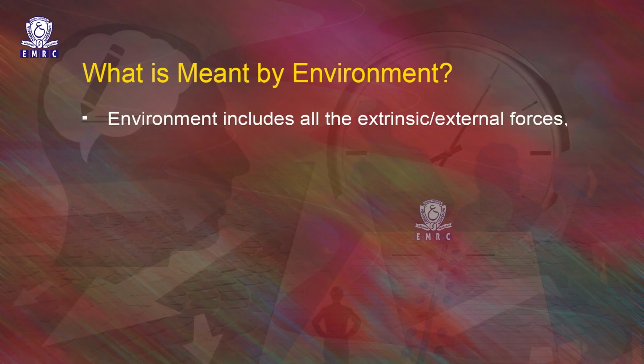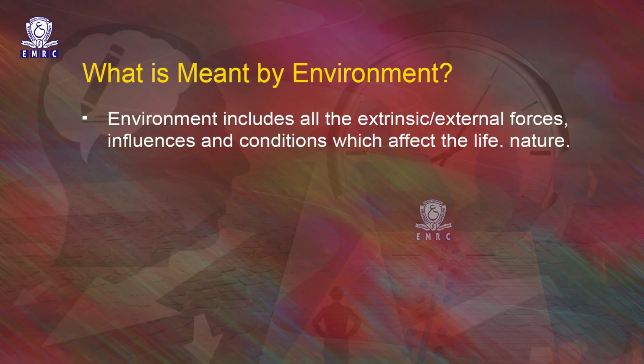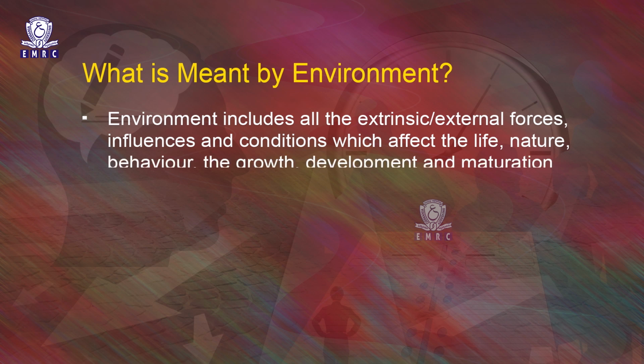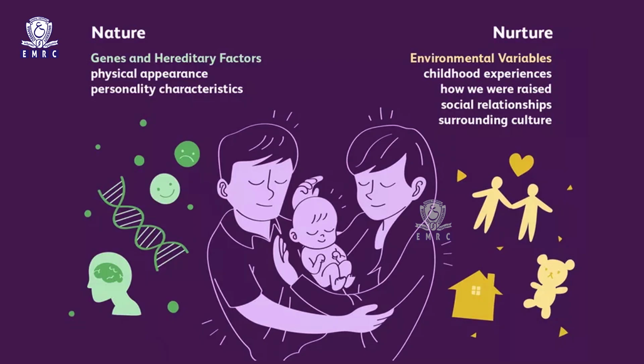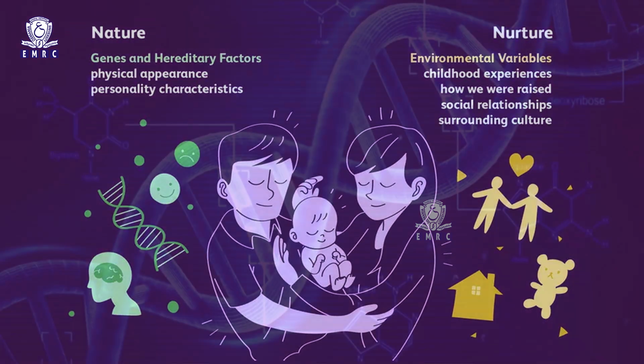Environmental influences are those which act upon the organism at the early stages of development, that is, before and also after birth. Environment includes all the extrinsic or external forces, influences and conditions which affect the life, nature, behavior, growth, development and maturation of living organisms. Hence, we can say that environment means all that is found around the individual.